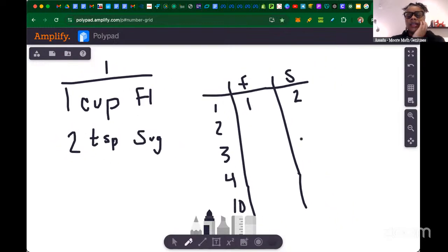Now, if I want 2 servings, how much flour am I going to use? Put it in the chat. How much flour? Good. And then how many teaspoons of sugar?